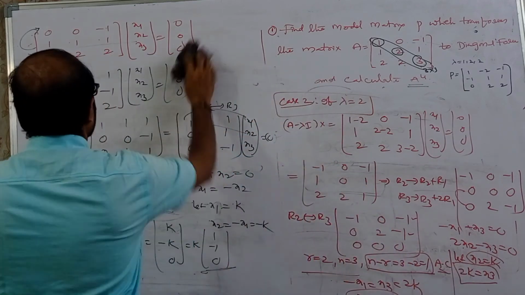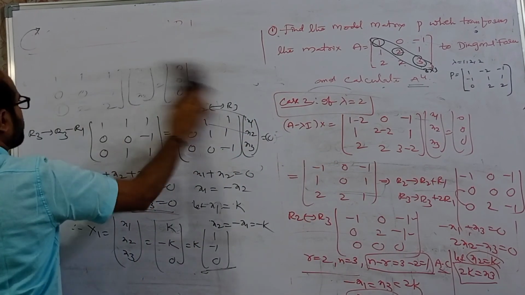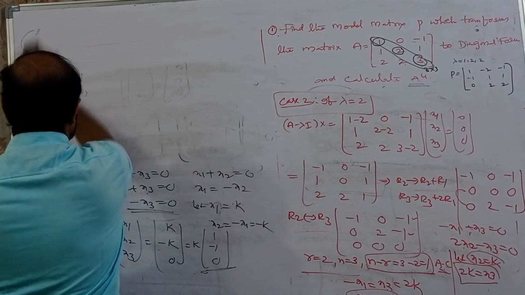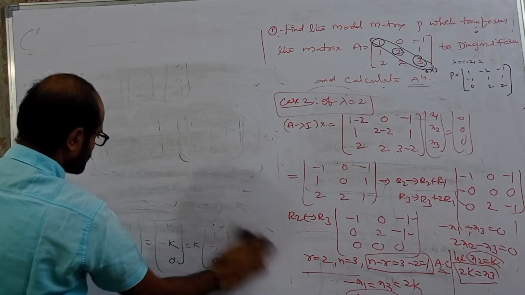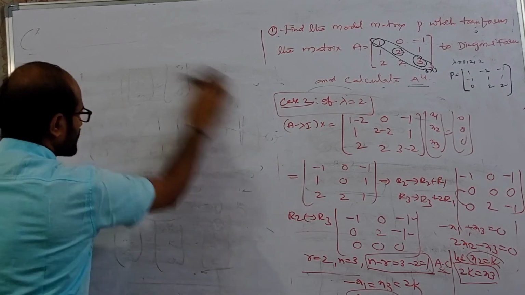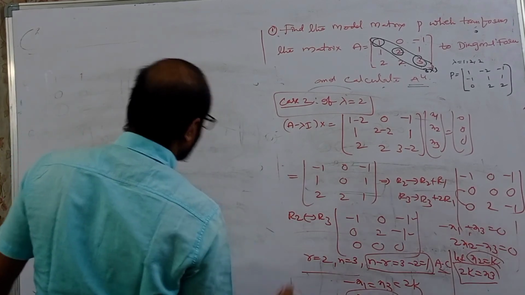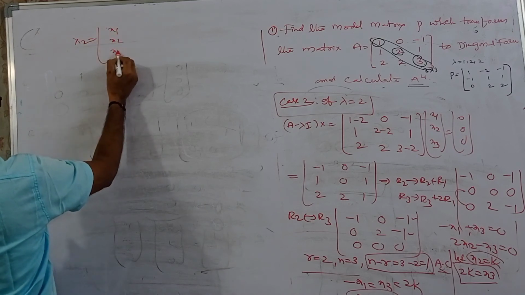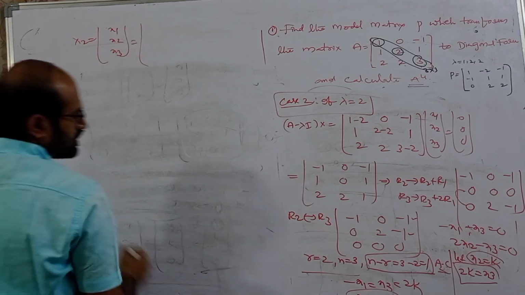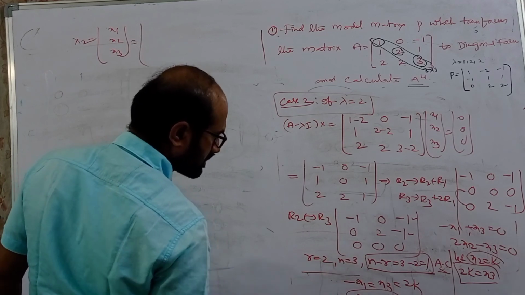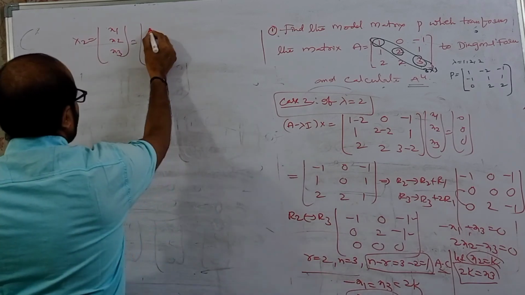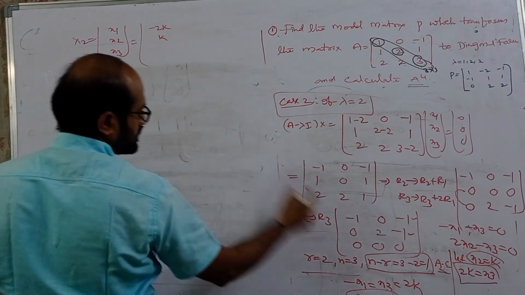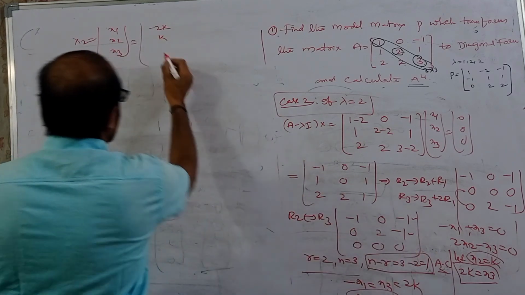So therefore now, what is the second vector? x1, x2, x3 is equal to x1 is minus 2k, x2 equal to k, x3 equal to 2k.